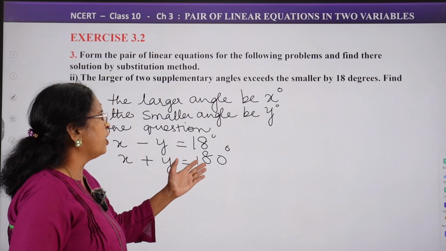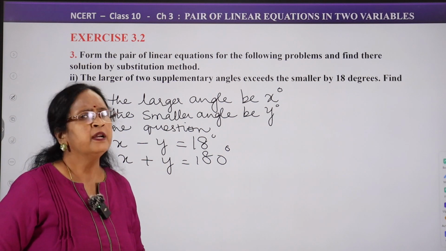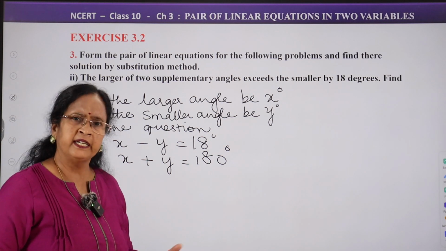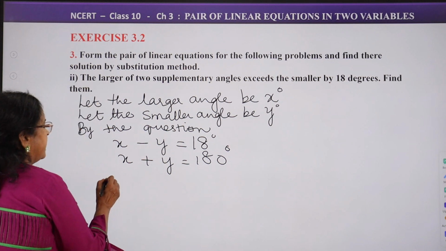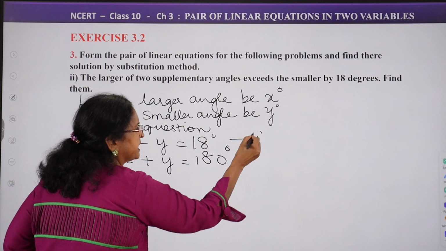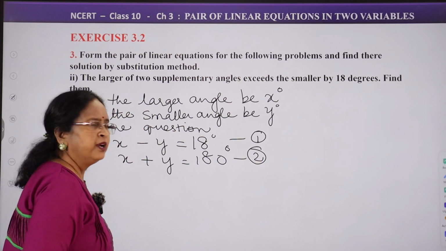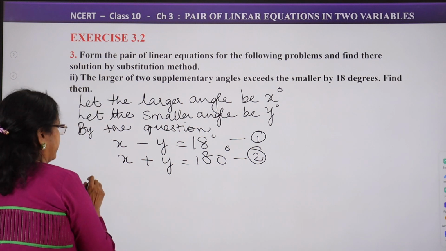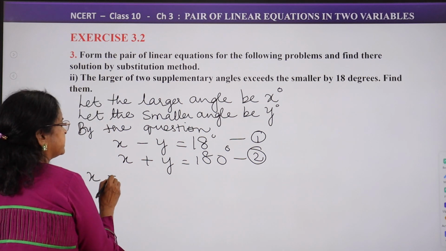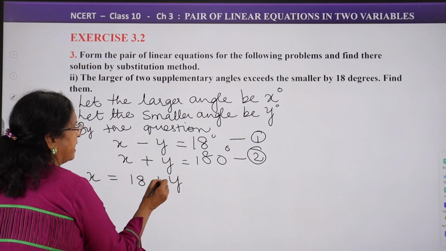So now we have the linear pair of equations, and we solve by the substitution method. As usual, x minus y is 18. I will write this as equation 1 and x plus y is 180 as equation 2. Taking 1, we get x is equal to 18 plus y.